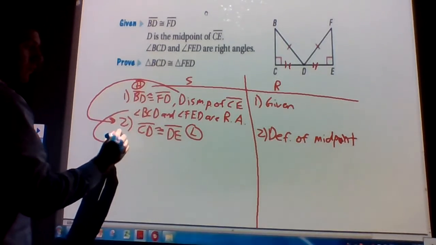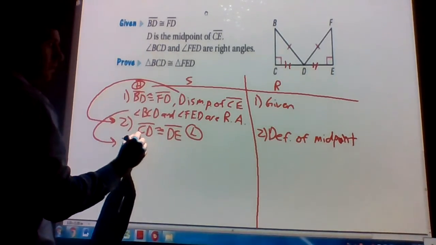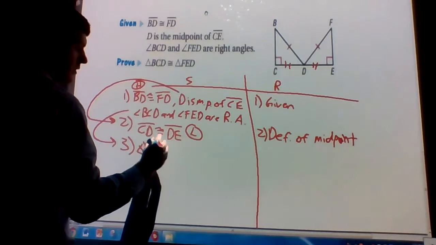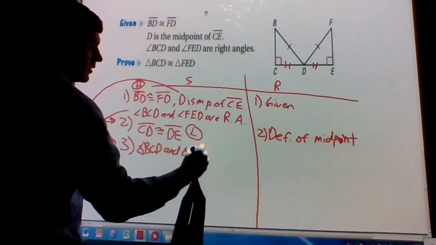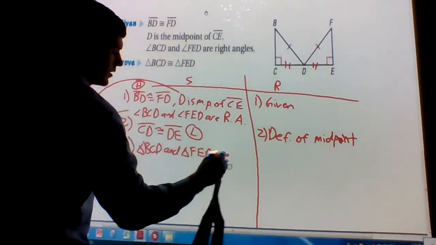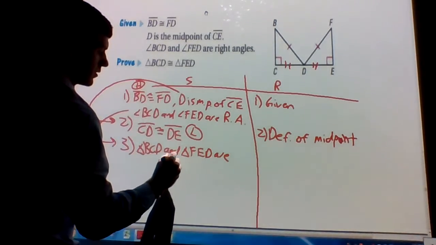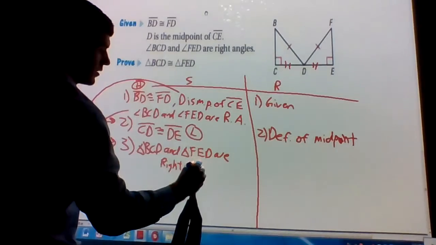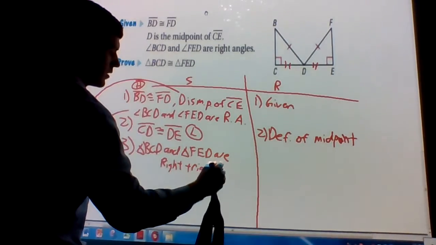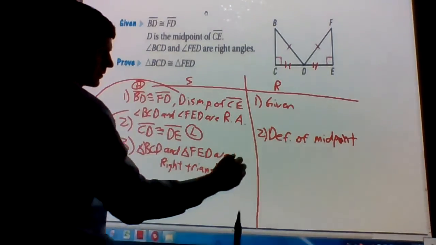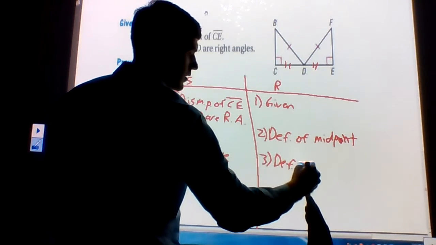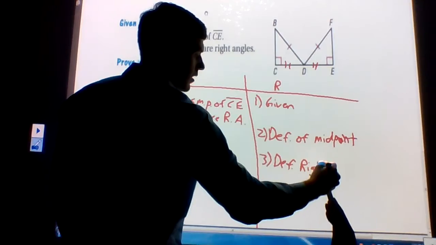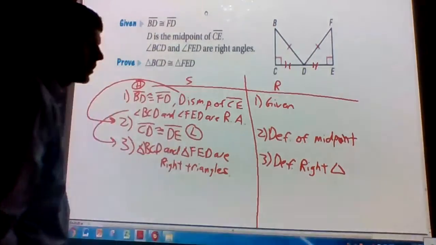So because we have right angles, we know that triangle BCD and triangle FED are right triangles. That's your definition of a right triangle. A right triangle is a triangle that has a right angle.